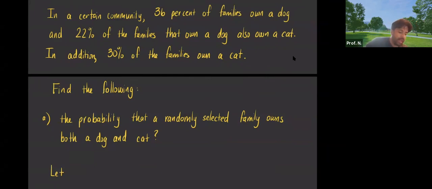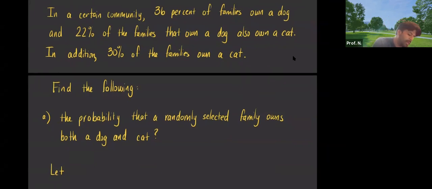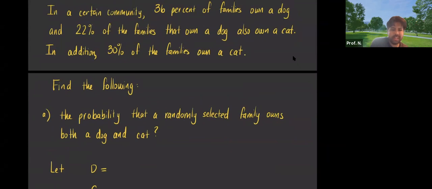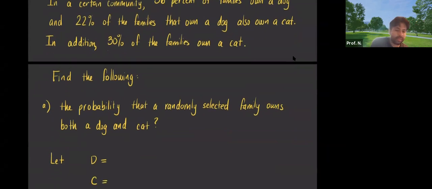I can call them A, B, C, D. Let's be consistent with D and C. So what would D stand for? What would make sense for D to stand for? It's the event that a family owns a dog. That's right.